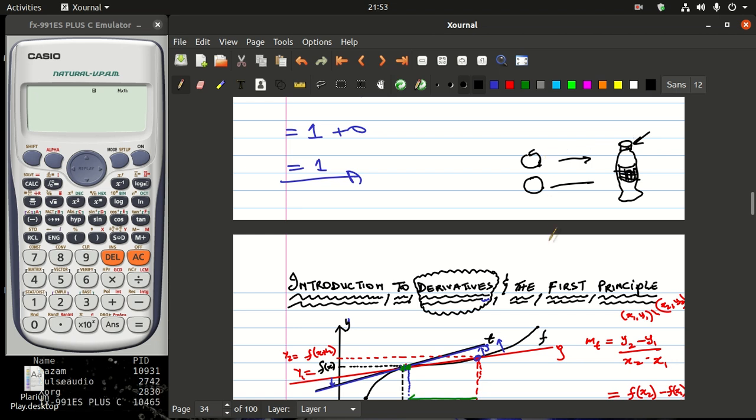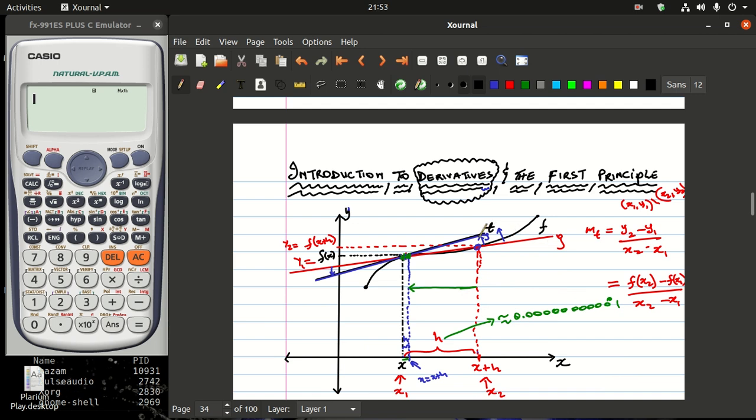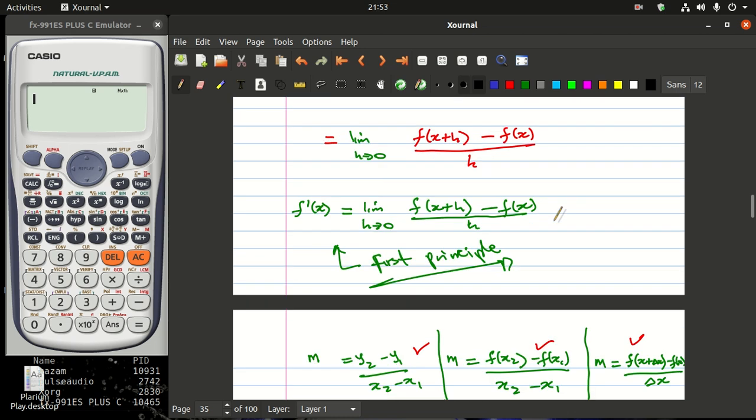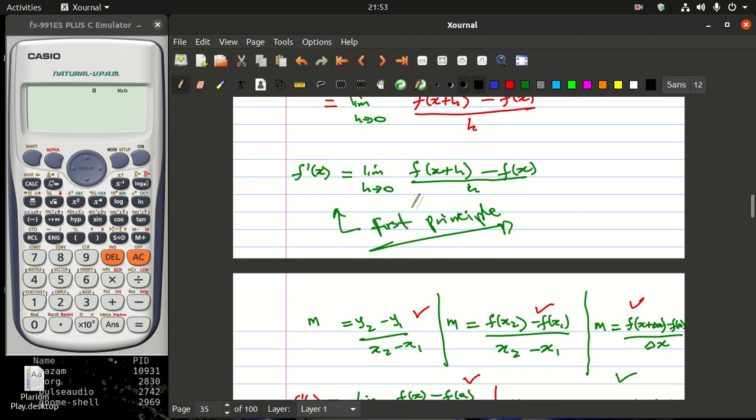So in terms of functions, we were not going to get the slope of this tangent line without this function. So the slope of this tangent line is the derivative of that because it comes from this function. All these things that we are getting, f prime of x, depend on the function f of x.